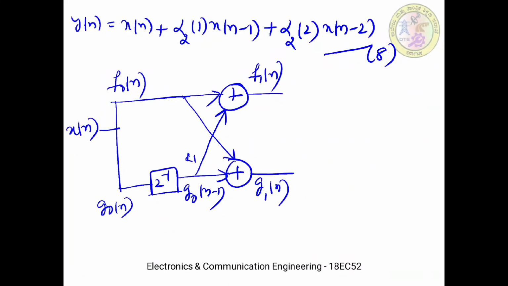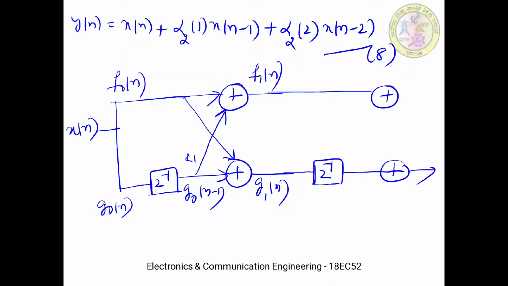Okay, so this was up to the first stage. Now for the second stage, f1 and g1 will act as inputs, so this g1 of n will pass through another z inverse, and we have an adder and this is the output. Similarly here f1 of n acts as an input and it is going to generate the output. This is k2, and here the same structure multiplied by k2.